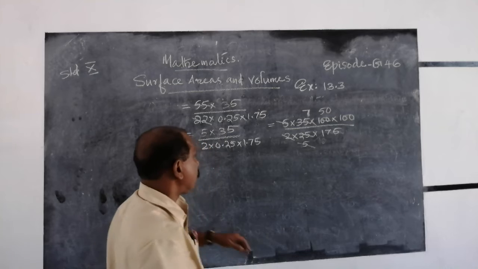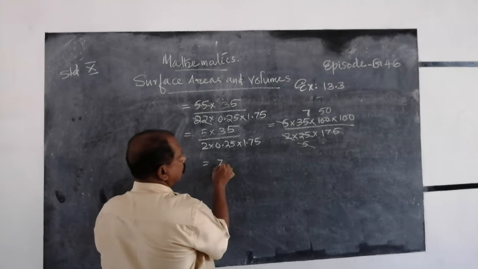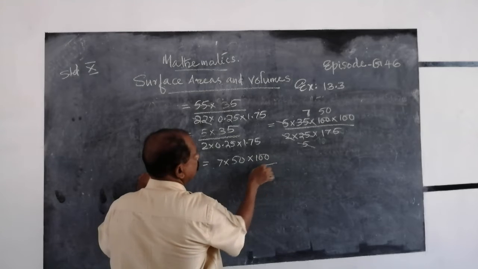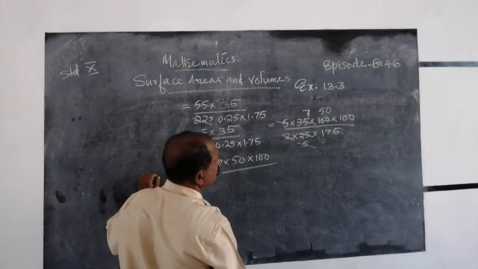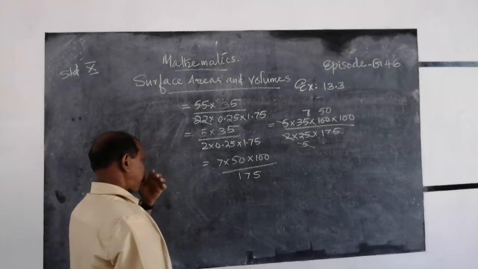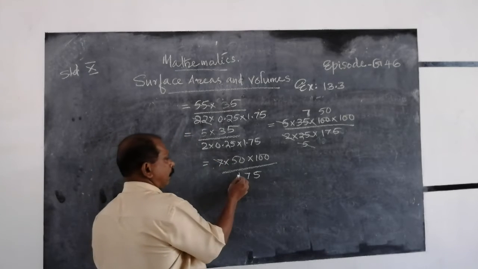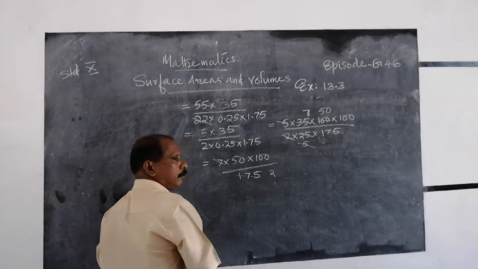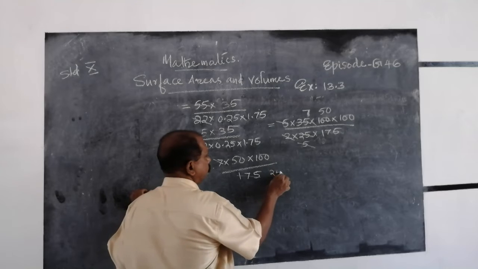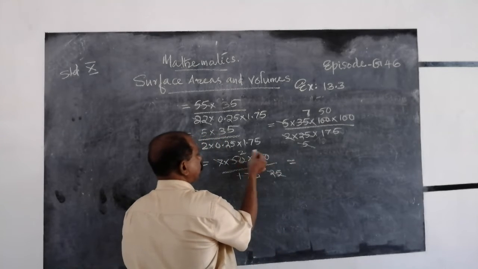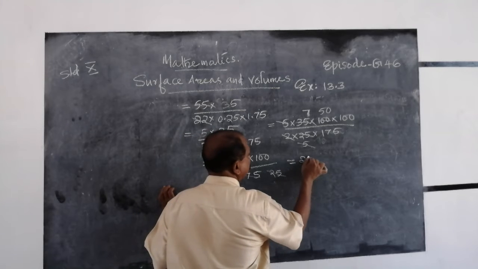Okay, that is equal to 7 into 50 into 100 divided by 175. Then 7 and 175, 25. 50 cancels, we get 2. That is 200.